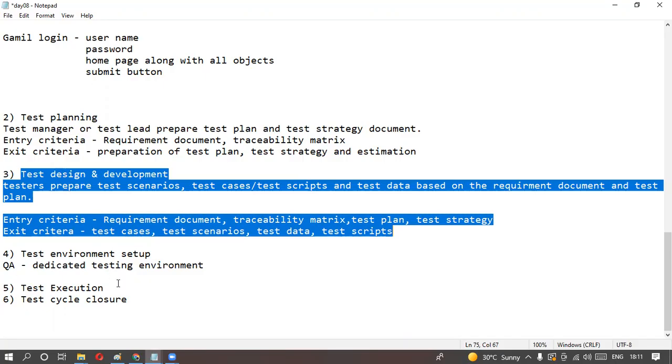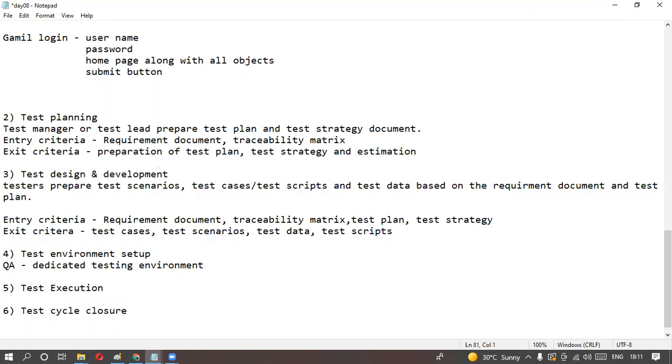So QA environment setup is nothing but there are multiple. QA is dedicated for testing environment. Dev environment for developers. UAT for users. Perf for performance testing. There are many environments, but we will be working as a QA.